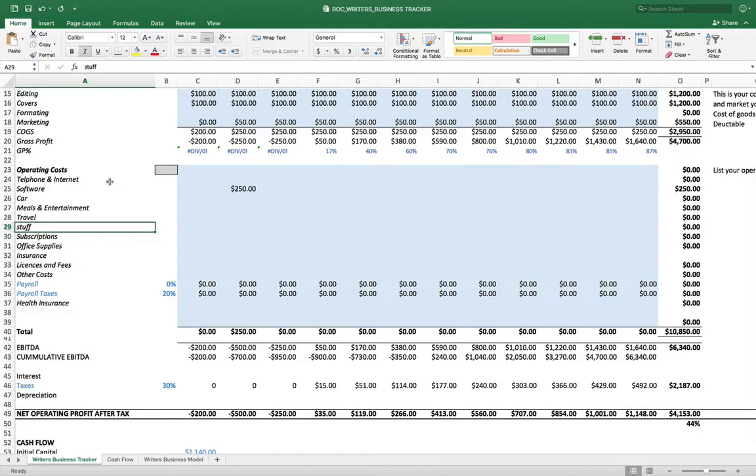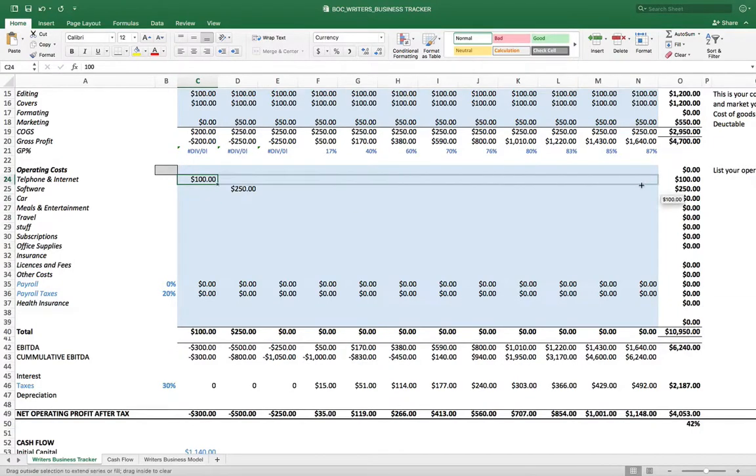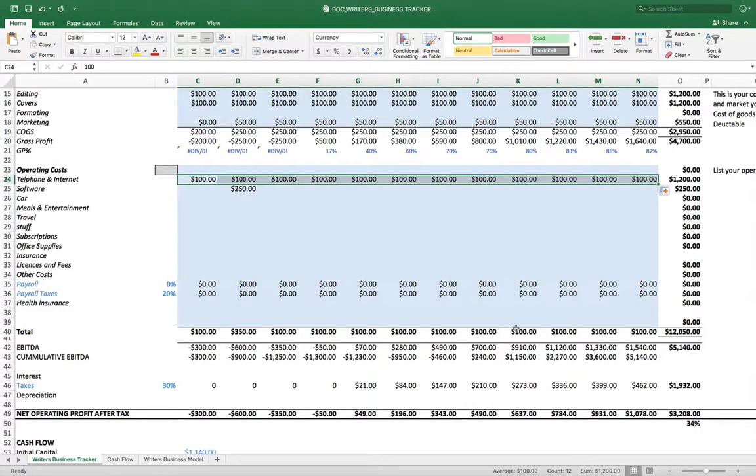And if it's something that works out to be a monthly bill, you can bring that across and you can see it picks up all of that data. And we're cascading this down to our eventual holy grail, the cash flow.